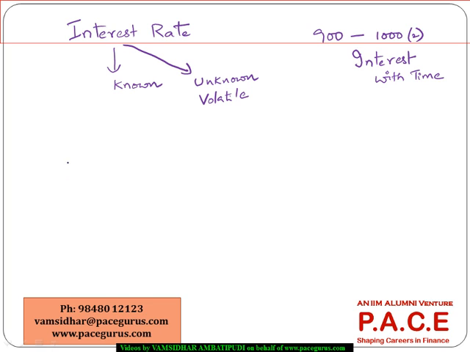So, when I am saying interest rate, we define it from 3 different dimensions. One, I define the interest rate as the required rate of return. The first definition of the interest rate, I look at it as the required rate of return.